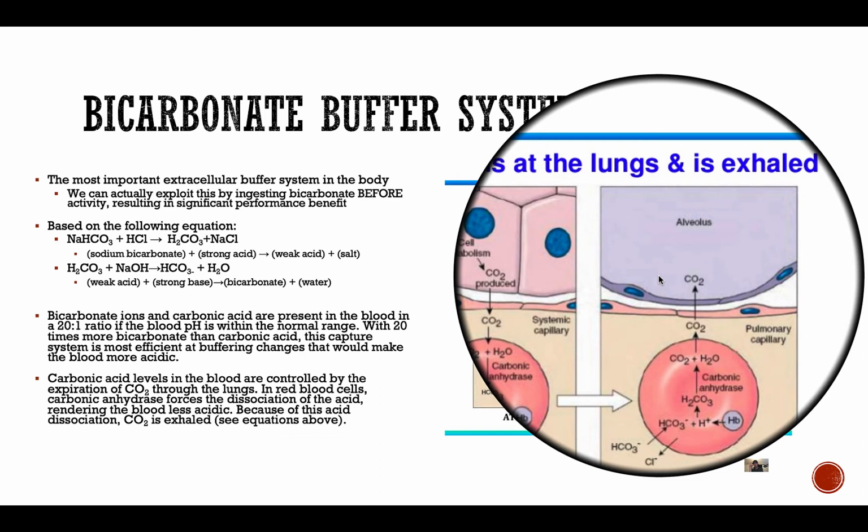This is the overwhelming majority way of how we handle an acid load inside of the body. Essentially, our bicarbonate to carbonic acid ratio is going to be about 20 to 1. So we're able to handle a high acid load, and it is a very effective system for getting rid of acid.